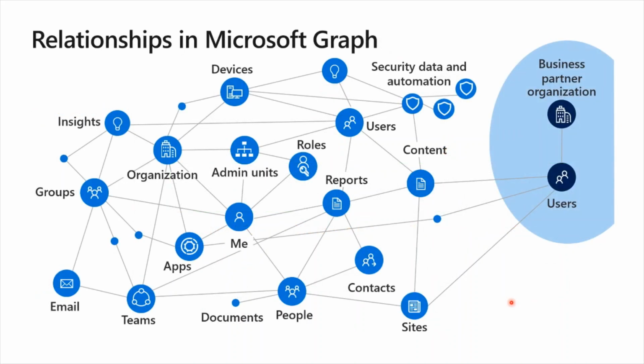Relationships in Microsoft Graph. Very interesting. Microsoft Graph connects all the resources across these services using relationships. For example, a user can be connected to a graph through a member of relationship, and to another user through a manager relationship. So your app can traverse these relationships to access these connected resources and perform actions on them through the API.